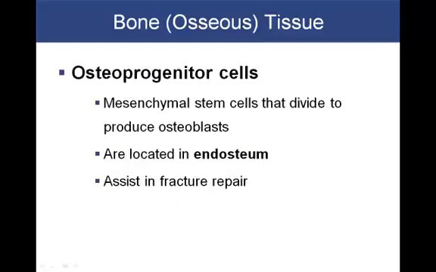Third cell type is the osteoprogenitor cells. These are a type of stem cell that ultimately divide and produce osteoblasts.